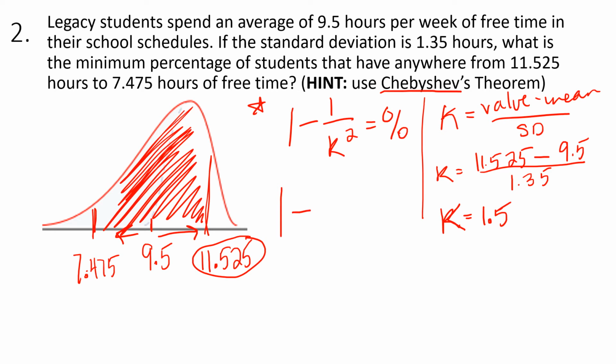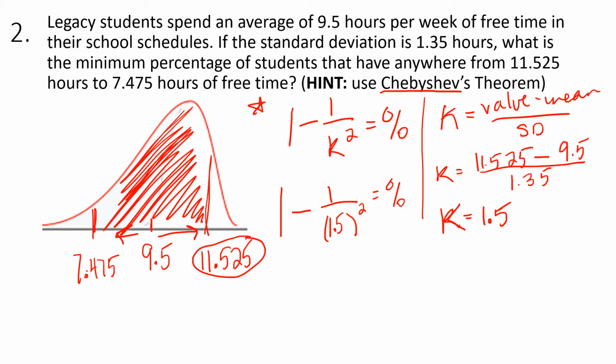So we have 1 minus 1 over k, now 1.5 squared, equal to the percent. So what you're going to plug into your calculator is 1.5 squared, and then you're going to take 1 minus that, and 1.5 squared was 2.25, so it's going to be 1 divided by 2.25, and then 1 minus that answer.